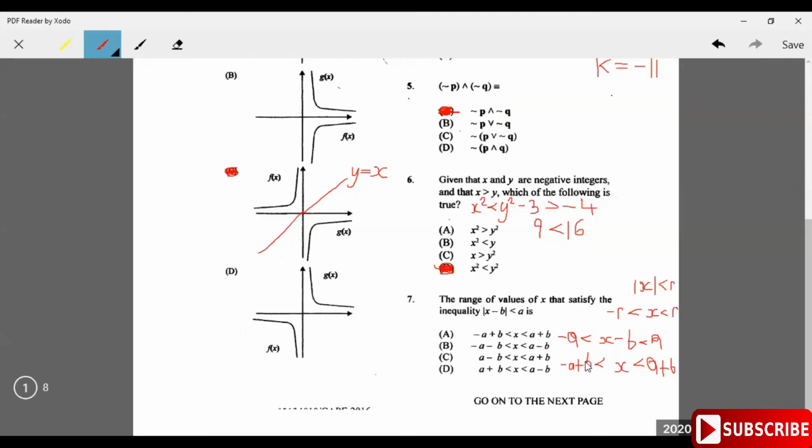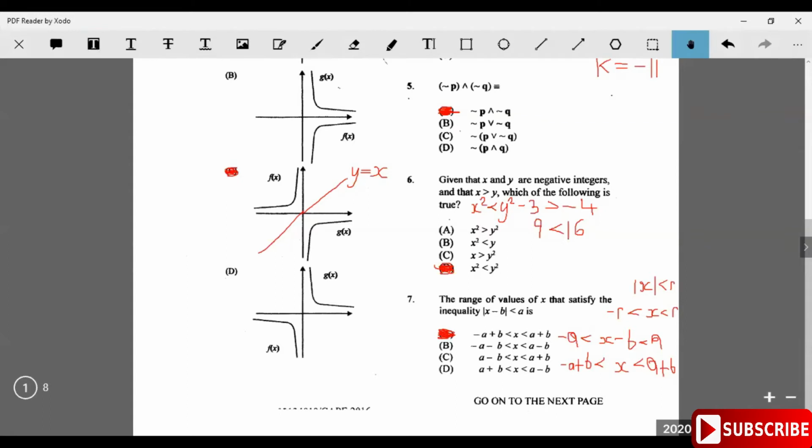So x is between minus a plus b and a plus b. So that looks like option A. That's for alpha. Easy question.